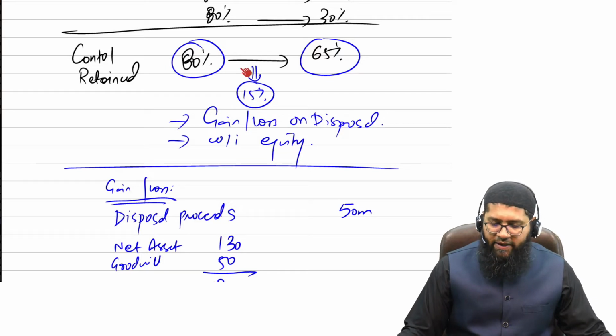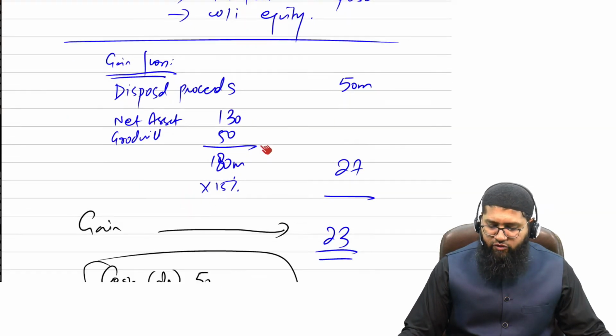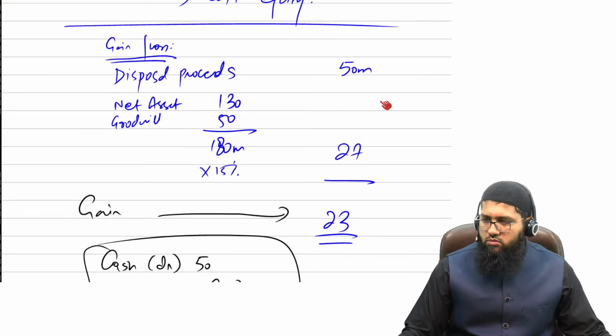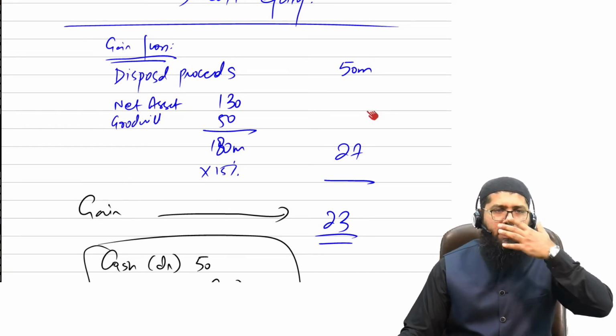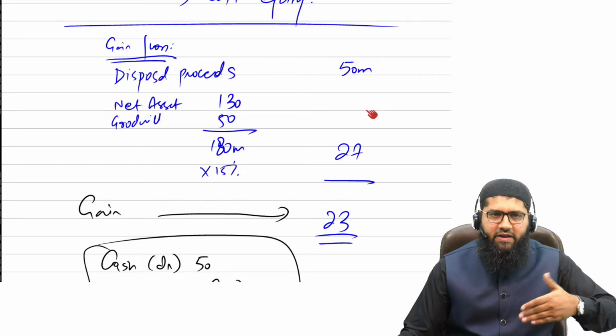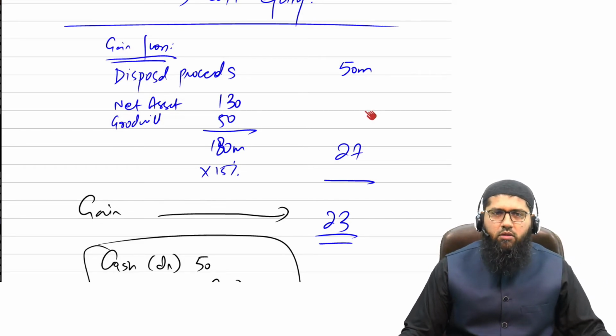I still don't get it. In this example, what change do you want? You're talking about a step acquisition? You're talking about when the NCI percentage increases?